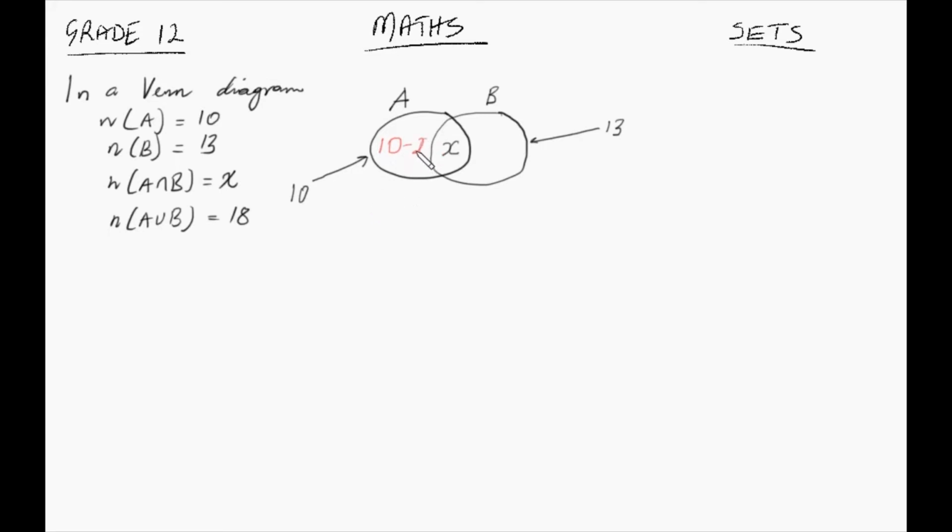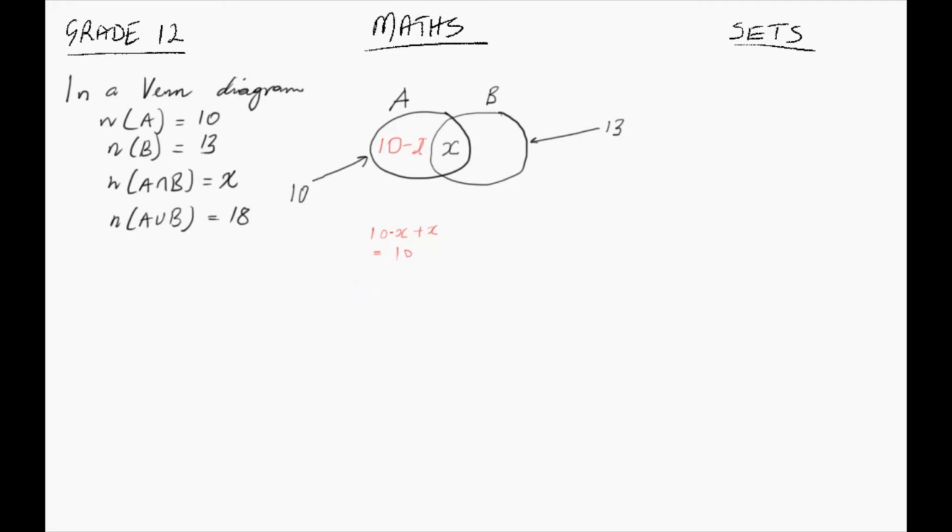Why? Because this plus this must be 10. 10 minus x plus x is 10, because minus x plus x is 0.